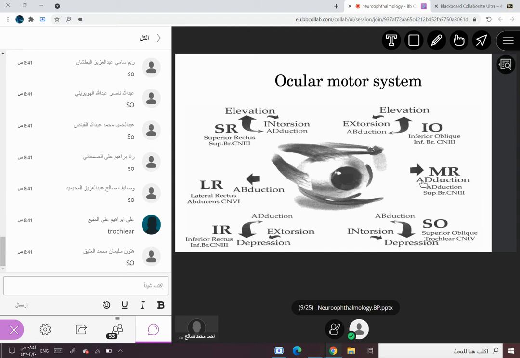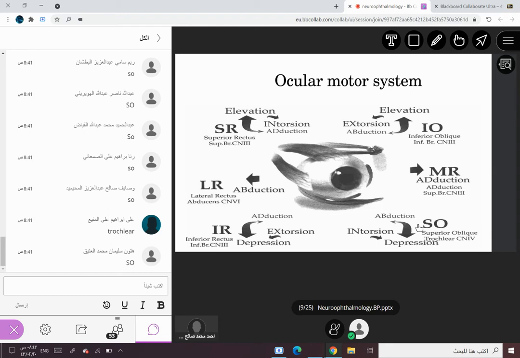Let's take the vertical recti, superior and inferior. Superior rectus is elevator. Inferior rectus is depressor. Superior rectus also has secondary and tertiary actions, which are intorsion and adduction. Inferior rectus also has the actions of extorsion and adduction.